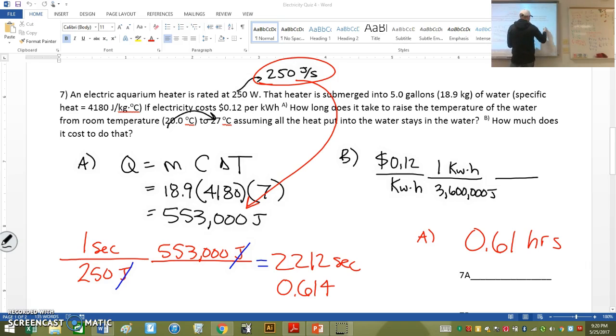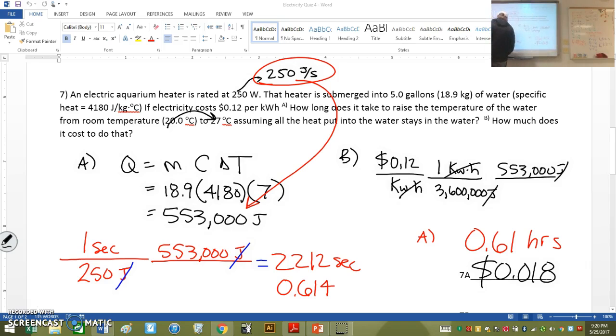I just remember that from earlier in the chapter. And then I'm using 553,000 joules. Hey, look at there. Multiply everything on the top by everything on the bottom, and you get $0.018. 2 cents to heat up your aquarium.